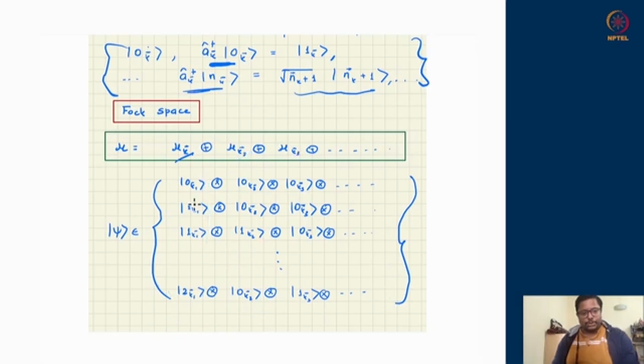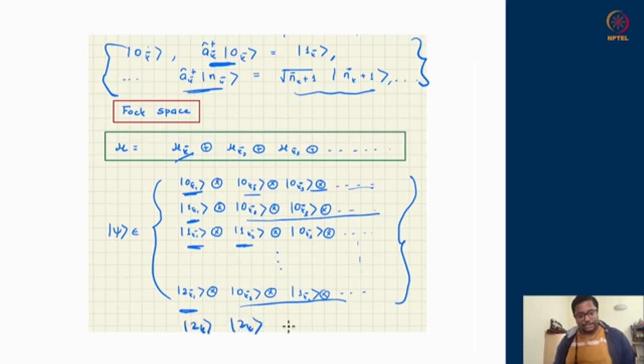So there can be possible states which are like the vacuum in all oscillators, or the first oscillator is in the first excited state, all other oscillators are in vacuum, or the first two oscillators are in the excited state, all others are in vacuum, and so on. Similarly, the first oscillator is in the second excited state, all others are in vacuum, or the first two oscillators are in the excited state, double excited state, and all others are in vacuum, or one oscillator is in a double excited eigenstate, one is in vacuum, the third one is again in the first excited state, and so on.